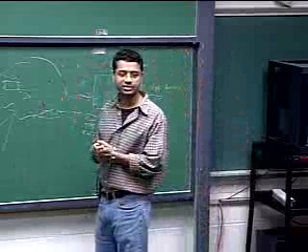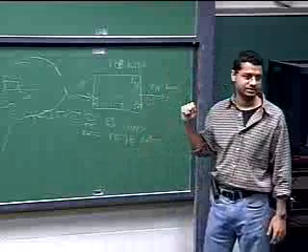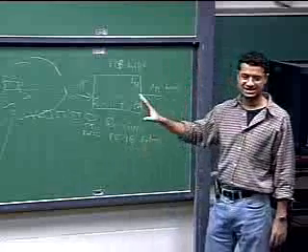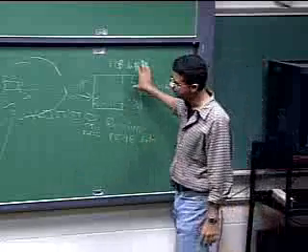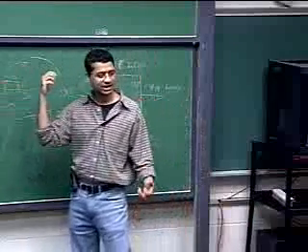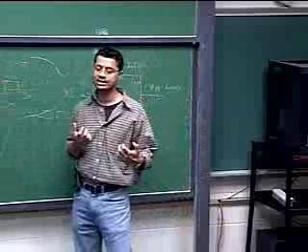The purpose of flow control is to rate match sender and receiver. So the only players in this game are the sender and the receiver, and they are talking to each other. So they can explicitly inform each other of what is the rate that I can handle.